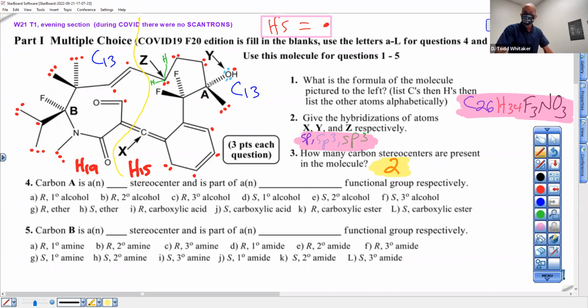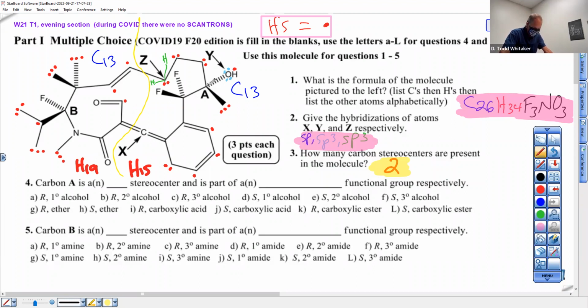That carbon is not a carbonyl, so you can't call this a carboxylic acid. What's the other OH group containing functional group? Alcohol. It's an alcohol, and that carbon has 3 bonds to C, right? So what kind of alcohol?